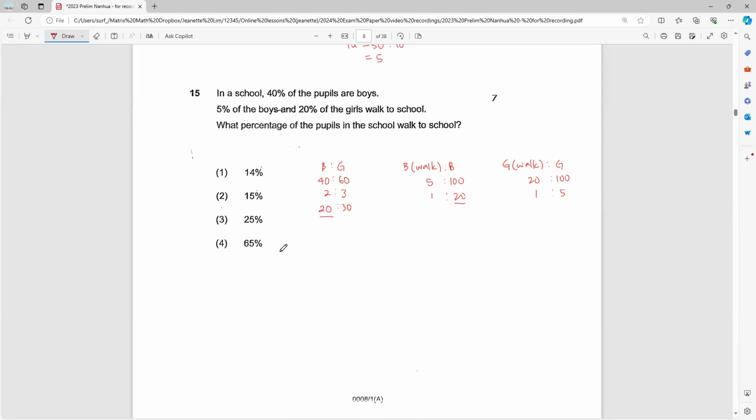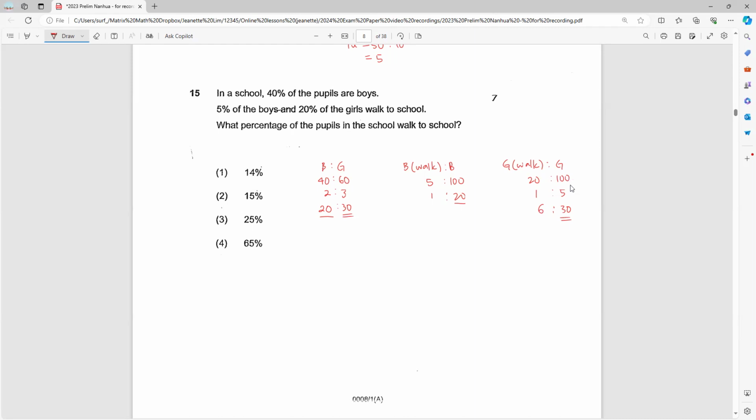Now for the total number of girls, here I have 30 units, but here I have 5 units. I have to change this 5 units into 30, so times 6. Now a common base is found.